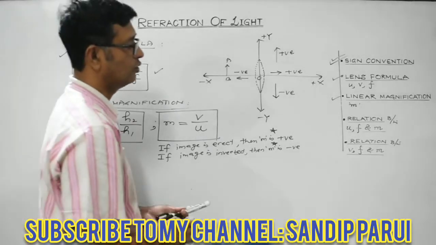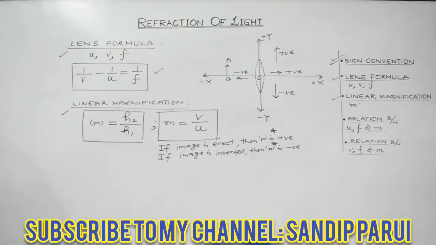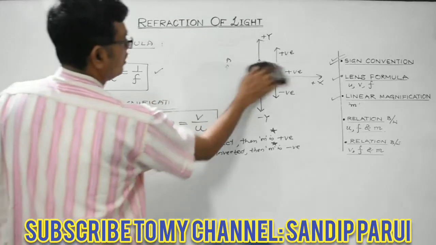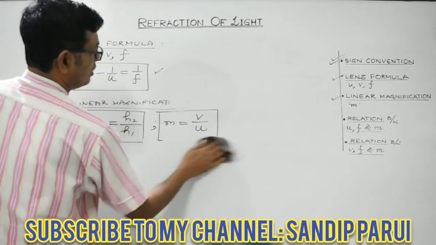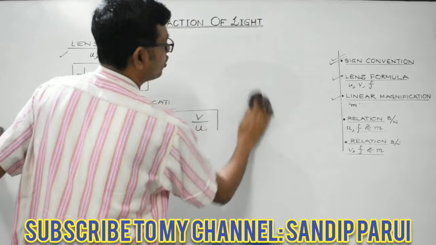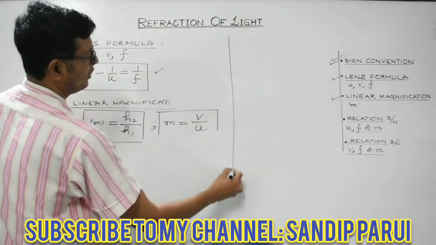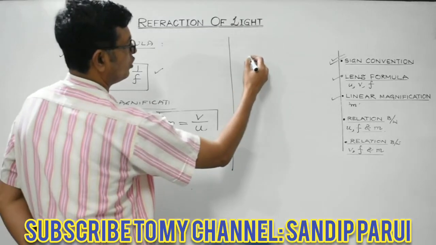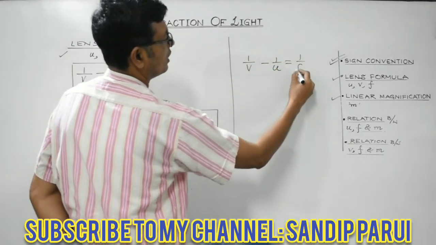Now we can also determine the relationship between u, f and m, and that also we can easily solve by using simple mathematical steps. So what we'll do is, let's try to find out those relationships. We are aware of these two formulas, isn't it? We know that 1 by v minus 1 by u is equal to 1 by f.